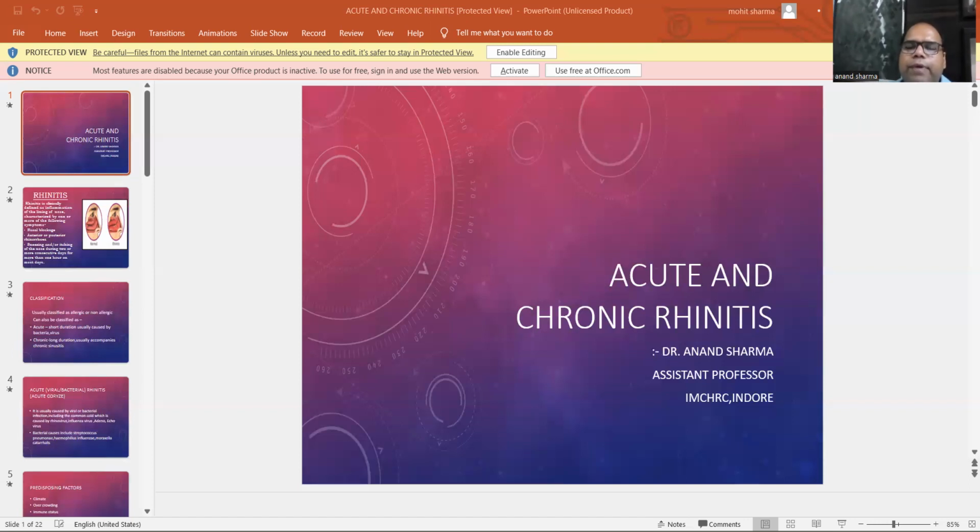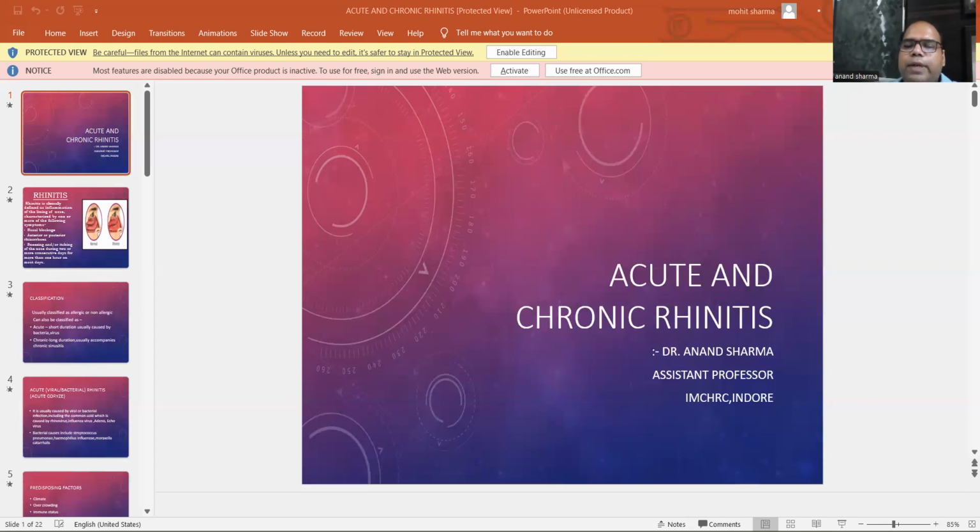So it is an advanced stage of unresolved acute rhinitis due to predisposing factors like nasal obstruction, vasomotor or metabolic disorder, infection in neighboring areas, that is the sinuses or tonsils are infected. The patient may develop rhinitis chronically.